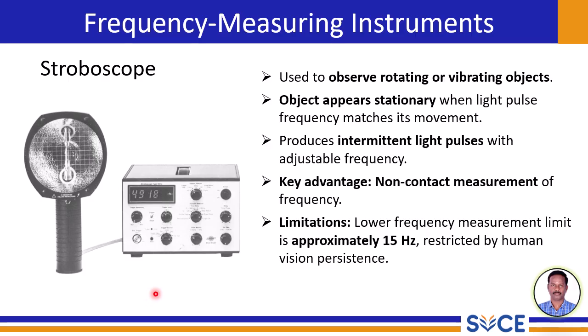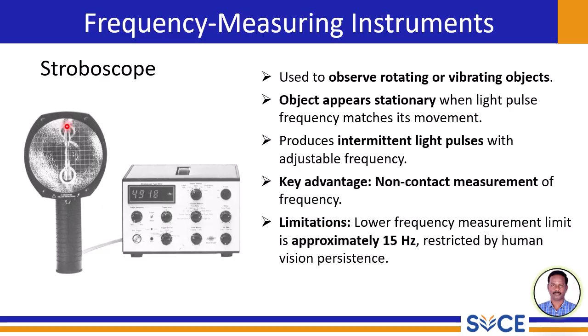Our final instrument is the stroboscope. It operates on an entirely different principle. Instead of physical contact with the vibrating object, it emits intermittent pulses of light. When aimed at a rotating or vibrating object, the object appears stationary if the pulse frequency matches its movement.